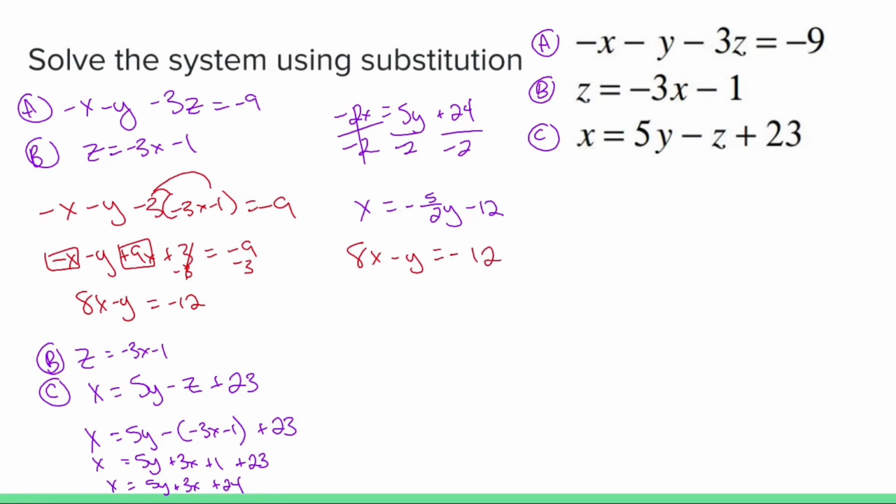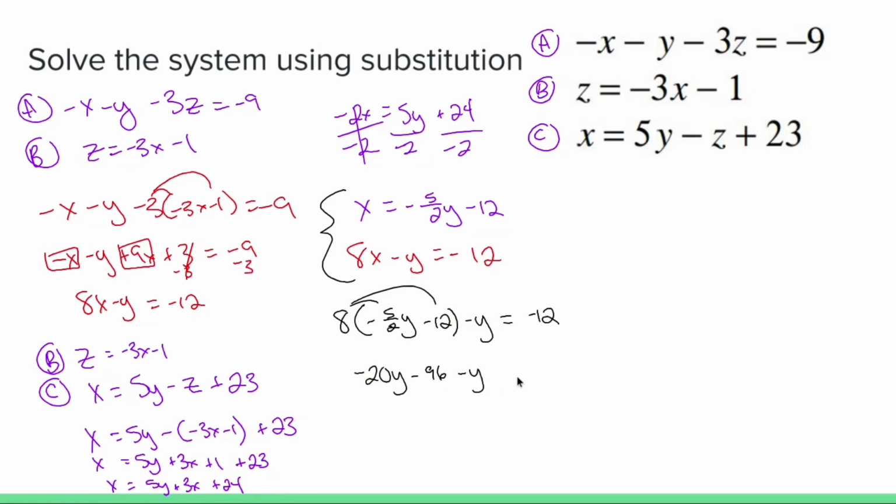Not going to be pretty, but these things usually aren't. I know what x is now, so I'm going to plug that x into the bottom equation: 8 times negative 5 over 2 y minus 12, minus y equals negative 12. 8 times negative 5 over 2 is negative 20y, and 8 times negative 12 is negative 96.